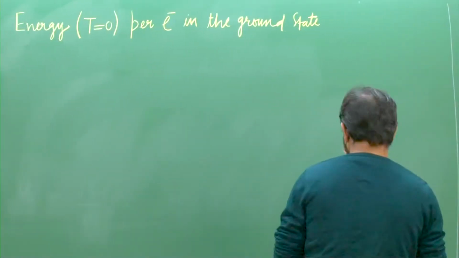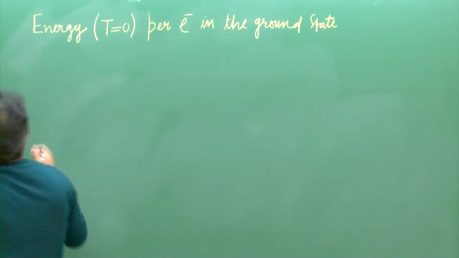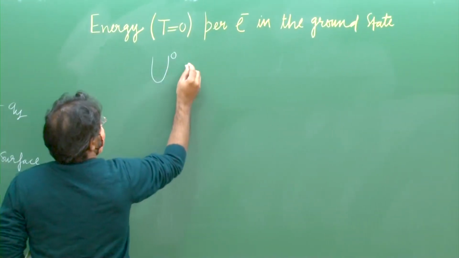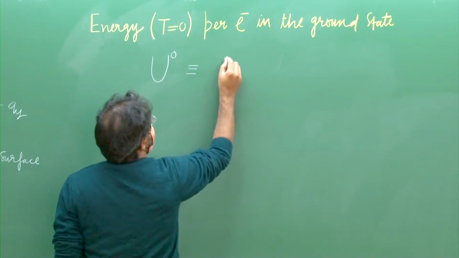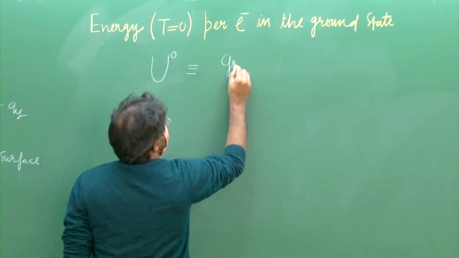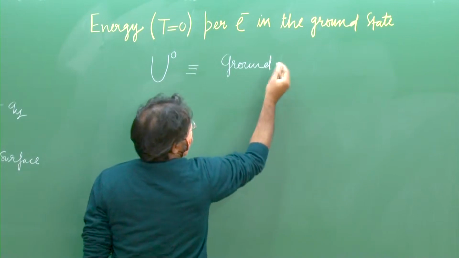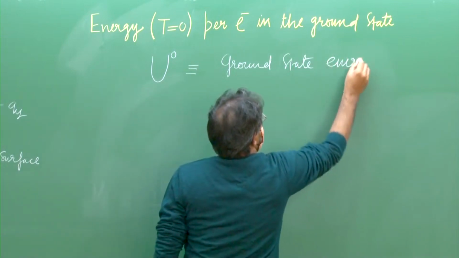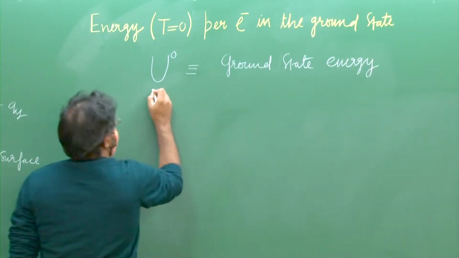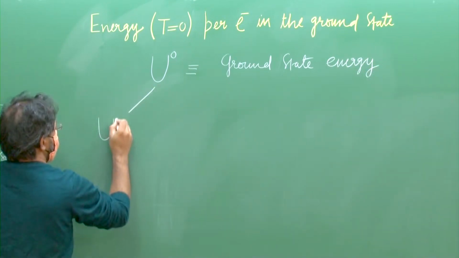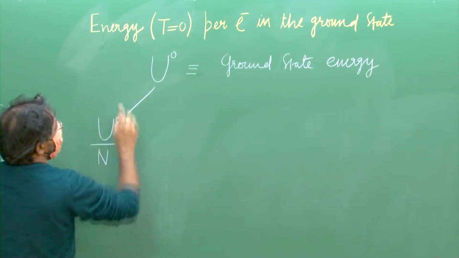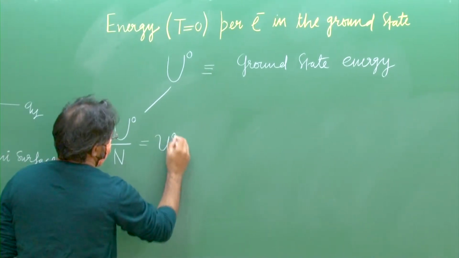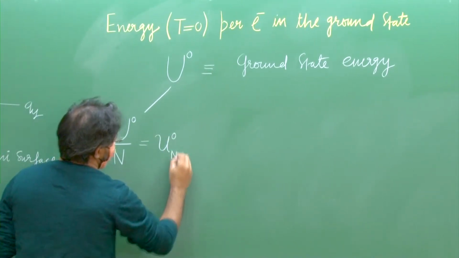Okay. So, how will you do it? Let us fix a symbol for it. Let us first say that U naught is the total ground state energy of the electron gas, and then when we divide it by n, we will get what we want, and this I am going to designate by u little n, for instance.